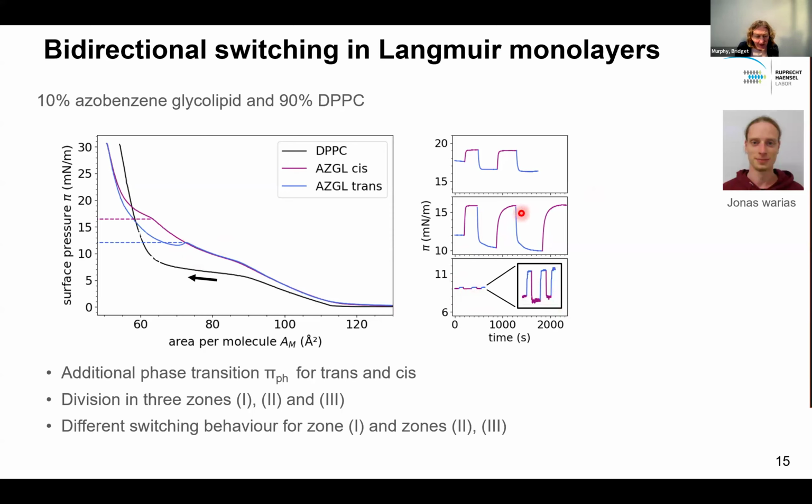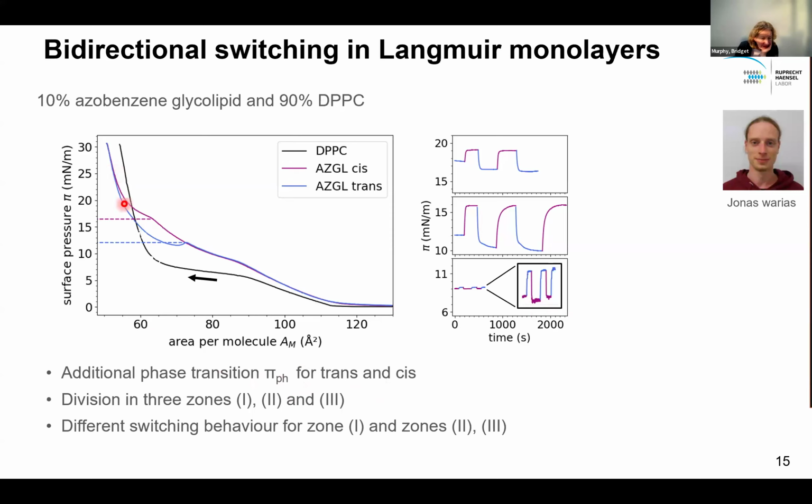Here we see that the cis increases the surface tension, and now we have the reverse effect when we go below this phase transition, which we call phi. And this occurs for both trans and cis.